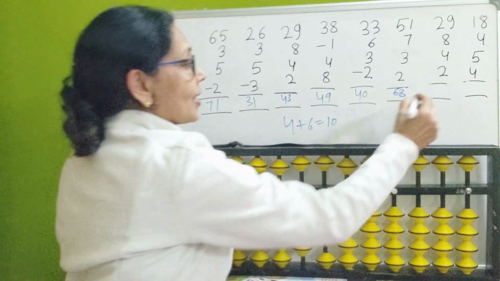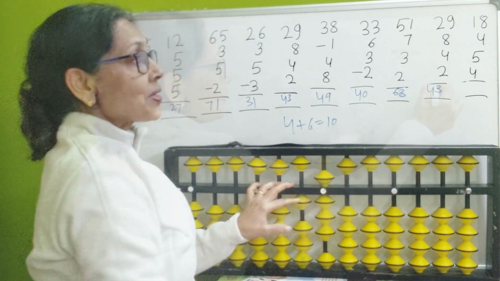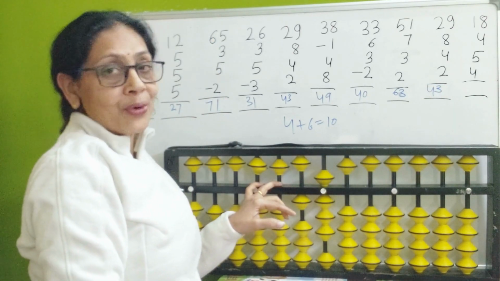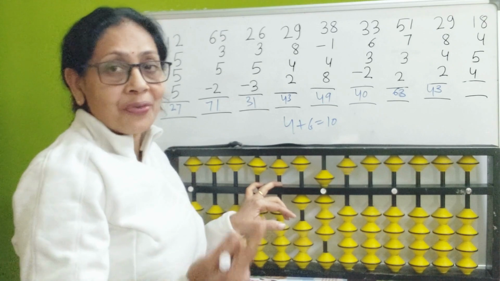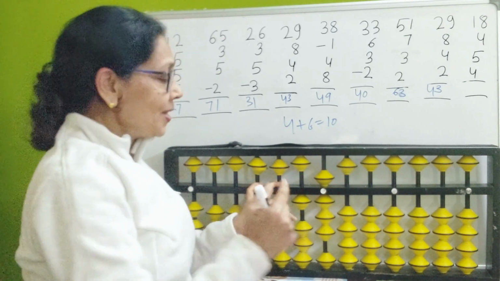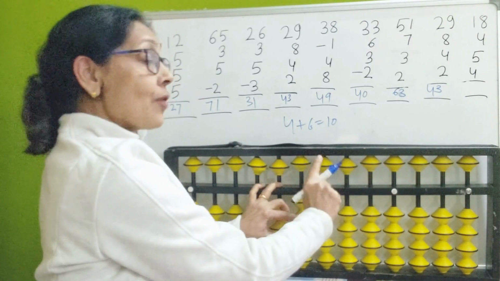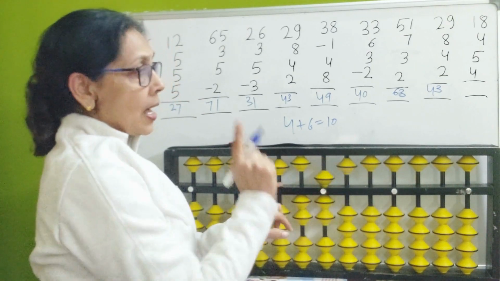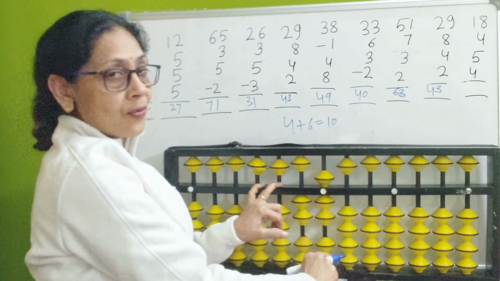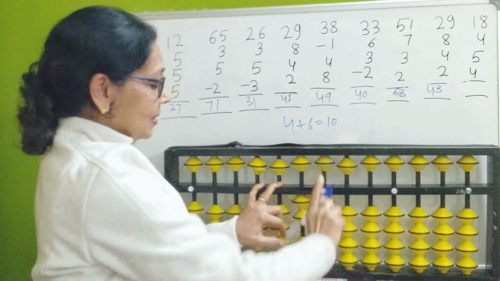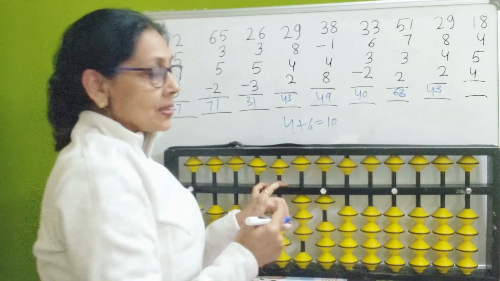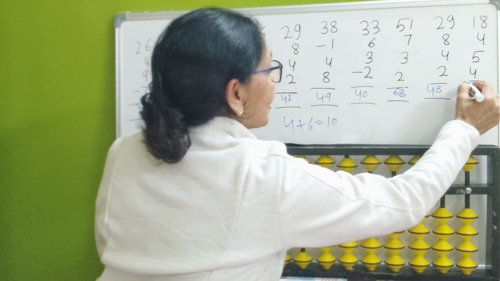So this is 43. The next question, 18 and 4. You don't have 4. So you know the friend of 4 is 6. Very good. So less 6, add 10. Add 5. You have 5. Use here. Add 4. Don't have 4. So less 6, add 10. Simple. Okay. So this is 31.